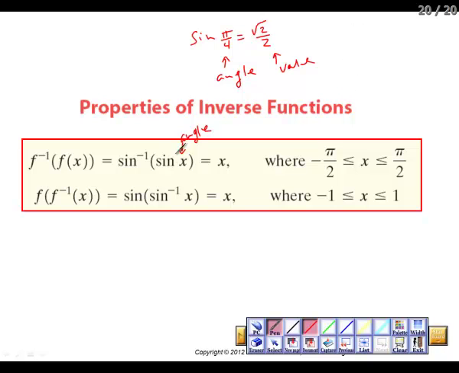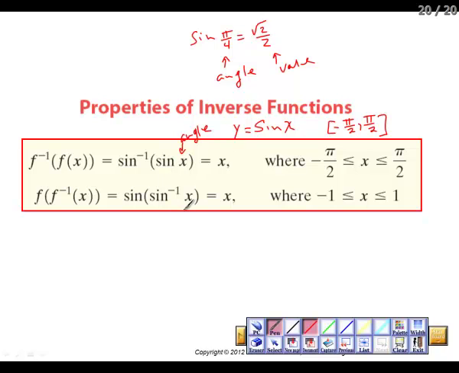Alright, so whatever you're looking at inside the parentheses, you have to make sure you're in the domain. So for sine, we have to make sure that we're within the -pi over 2 to pi over 2 domain before you can go any further. If you're not, then your answer is no solution.